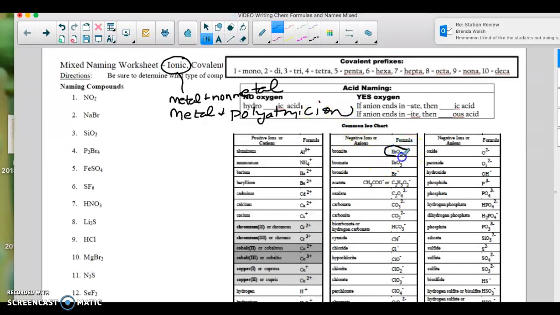Polys are on the pink sheet, the ones that have more than two elements. There's also a possibility it could be a poly and a poly. What I mean is, there's only this one positive poly, ammonium, with another poly, or you could have that positive polyatomic ion, ammonium, with a nonmetal.